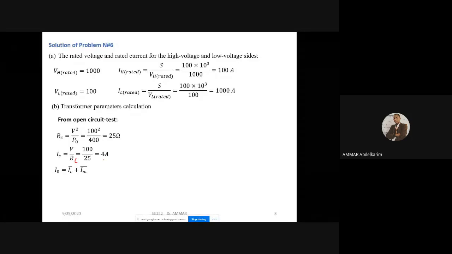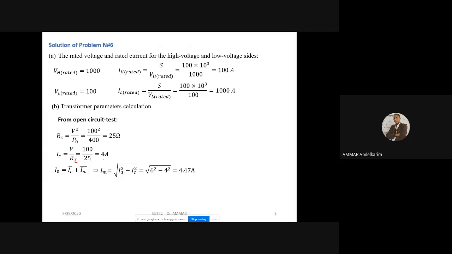Therefore, IM equals the square root of I0 square minus IC square, which is the square root of 6 square minus 4 square, and it's equal to 4.47.